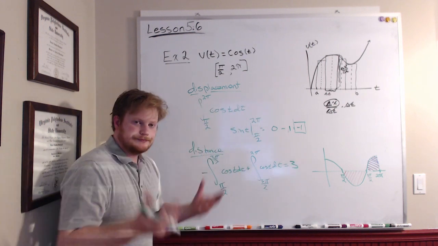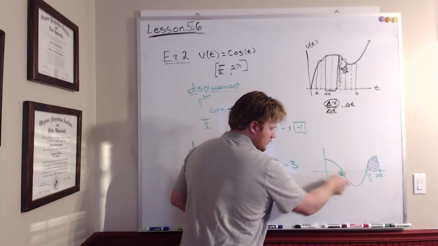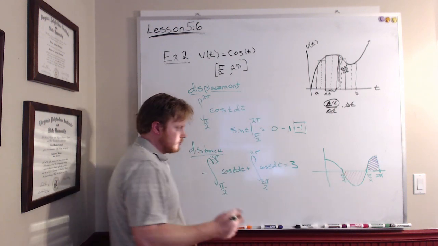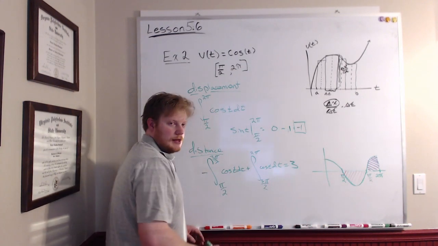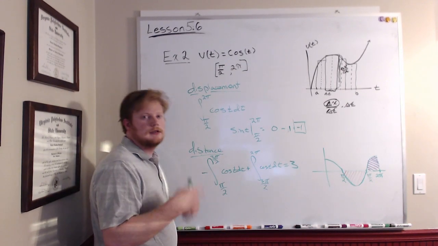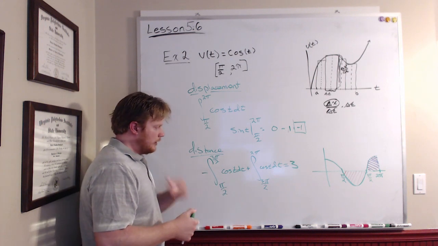Now, just an interesting factoid here: as long as the amplitude of the sine or cosine function is 1, any one of these full dips has an area of 2. That's just something nice to know.